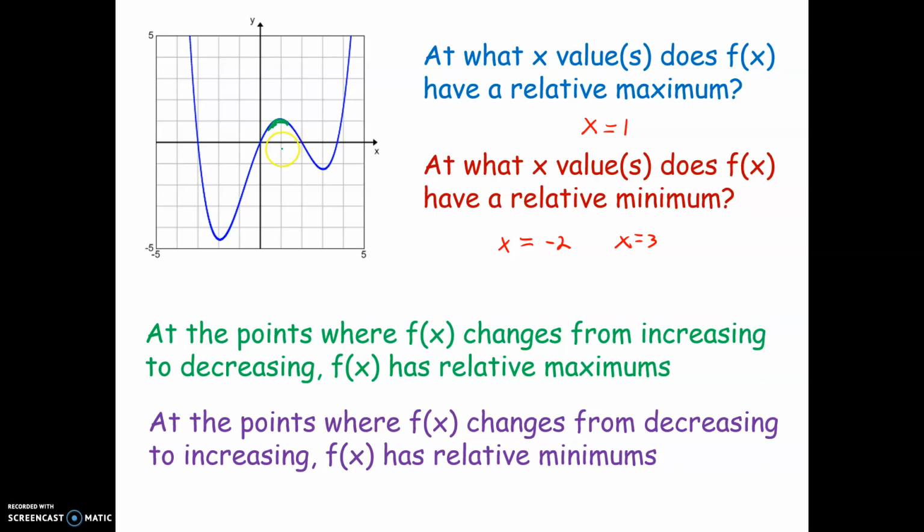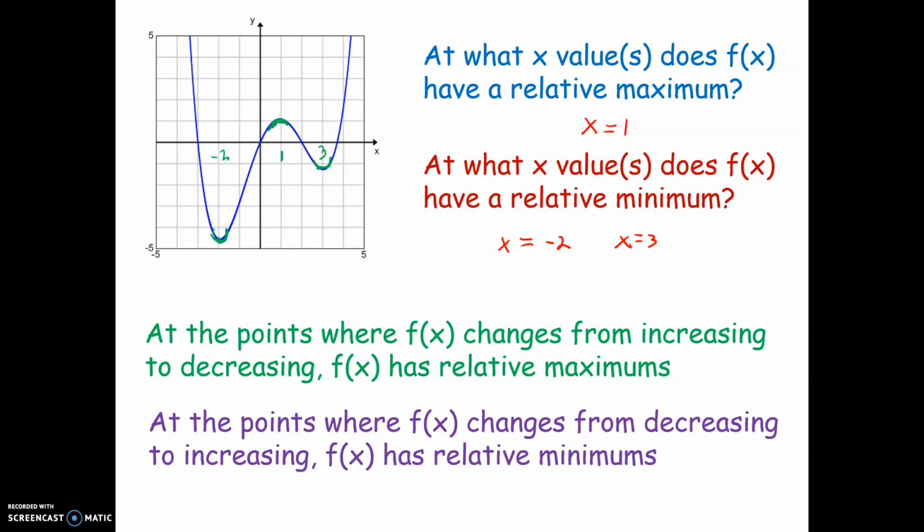So that happens right here at an x of 1. At what x value or values does f of x have a relative minimum? Here's a relative minimum. That occurs at an x of -2, right there. And where's there another relative minimum? Over here, and that occurs at an x of 3.